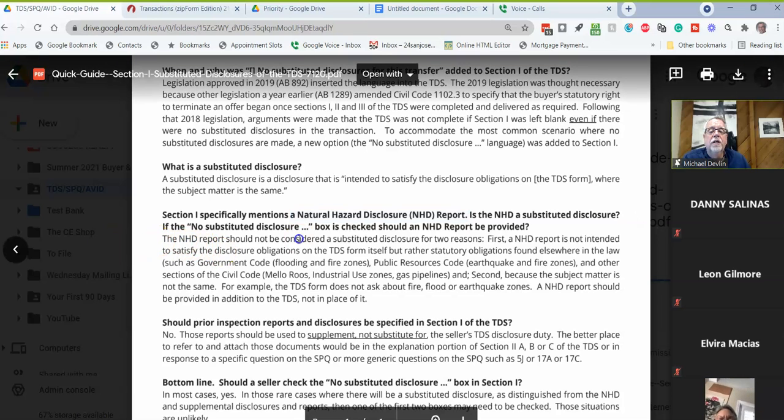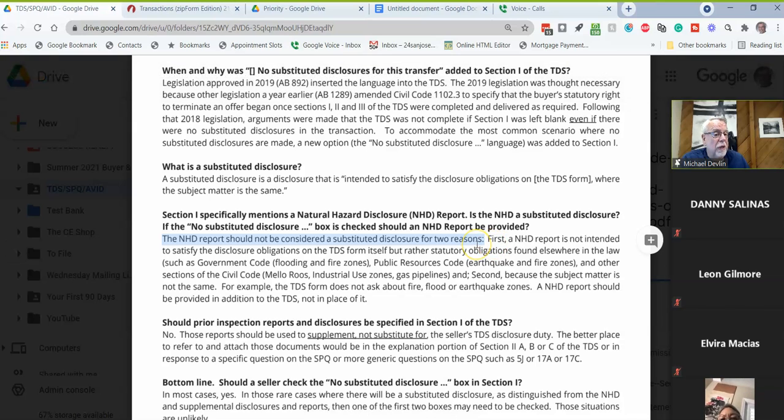Because the NHD should not be considered a substituted disclosure for two reasons. One, it isn't intended to cover anything other than natural hazards. And second, you're going to see that there's a separate requirement that the seller do the TDS.